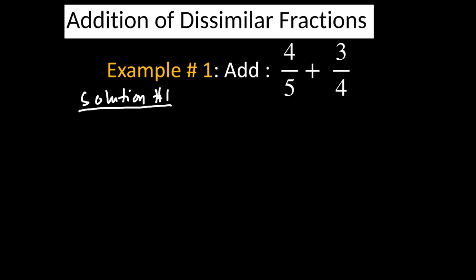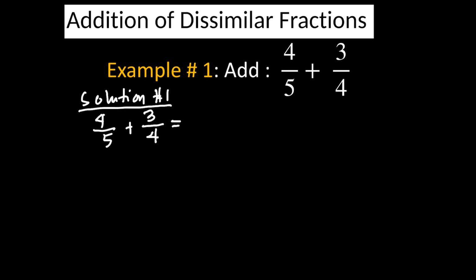So let me rewrite first. 4/5 plus 3/4. Alright, so there are so many ways to find the least common denominator of the given numbers, okay? But the popular one so far is by listing method, or you can also do the prime factorization, okay?